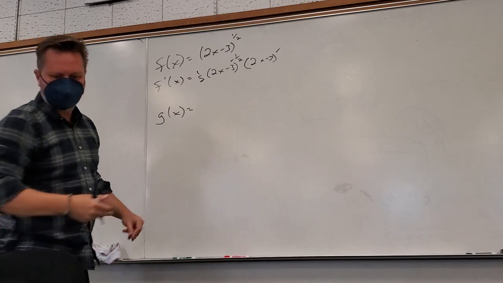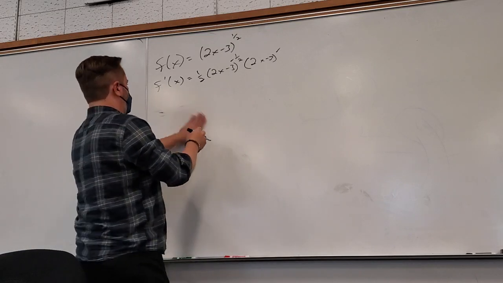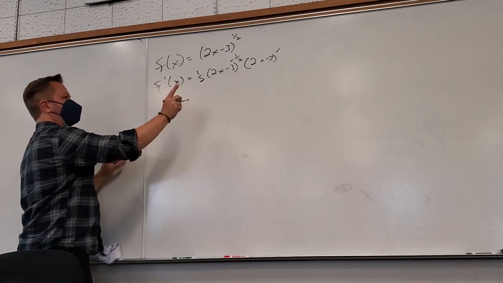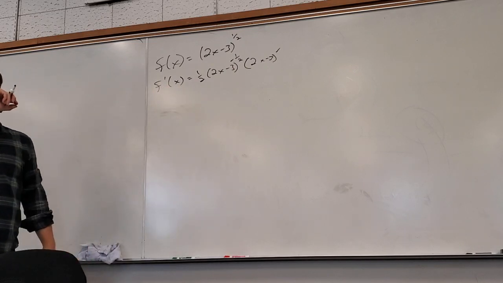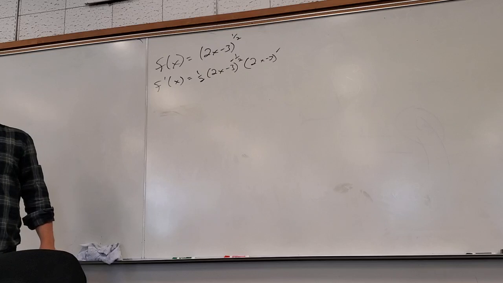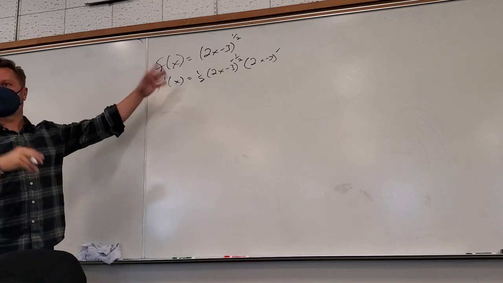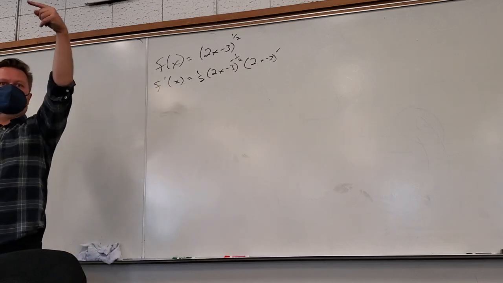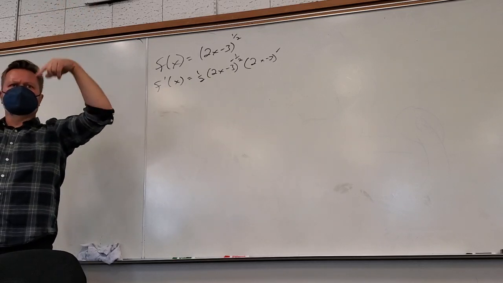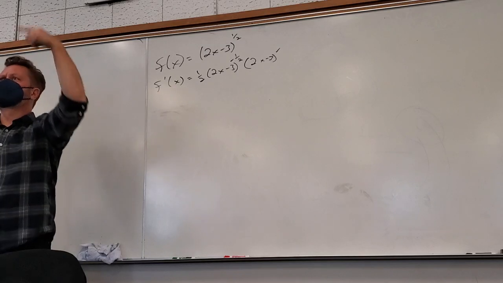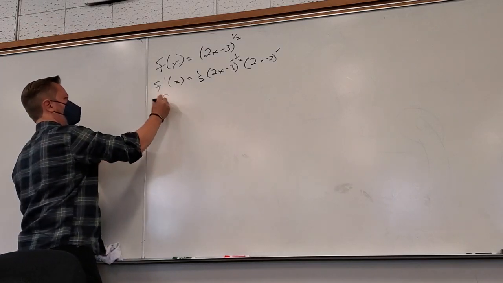Doesn't matter. Let me just use one. Oh, wait. Before I do that, make one little point here. What's the other way to write F prime of X? Maybe using the letter D? DF over, yeah. There it is.